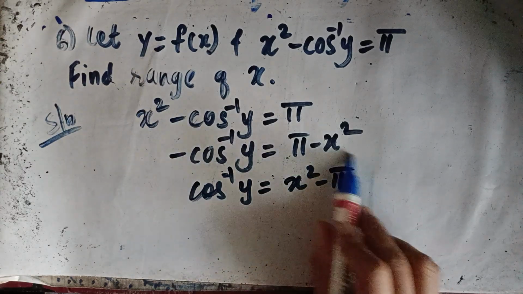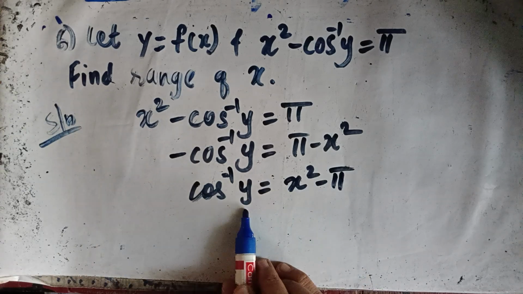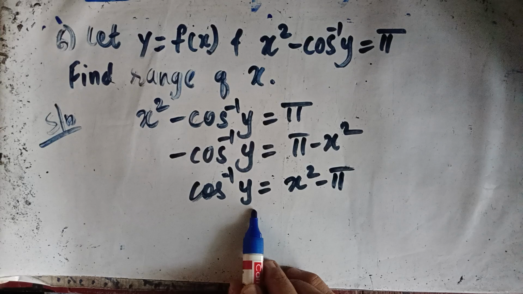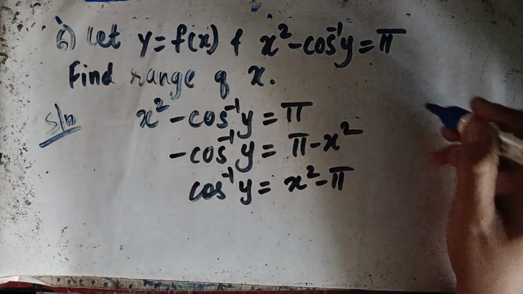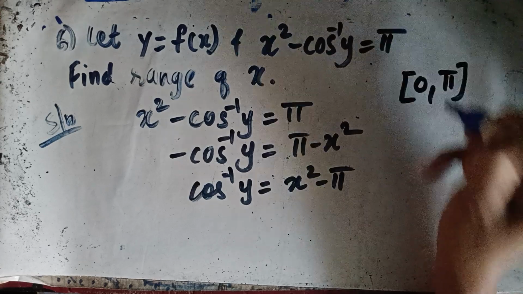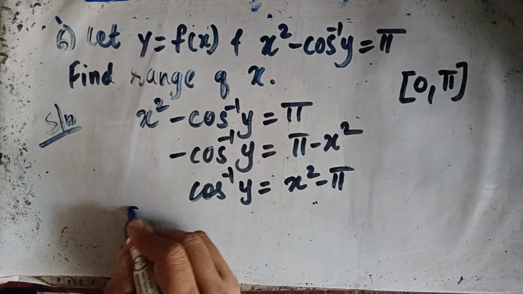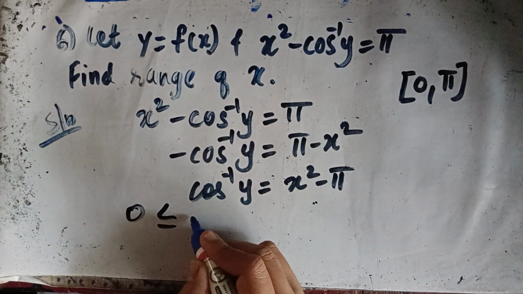Now, if you want to find in which interval x belongs, you have to go for the range of y. Okay, range of this cos inverse. So, range of cos inverse is 0 to pi, correct? Cos inverse 0 to pi, close bracket. So, this value falls between 0 to pi.